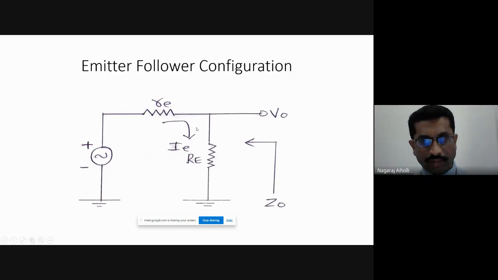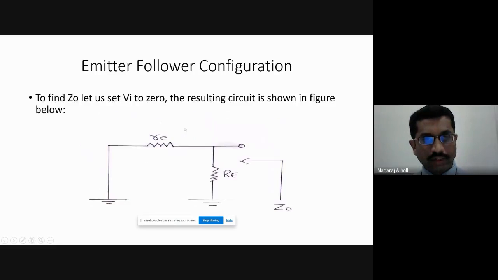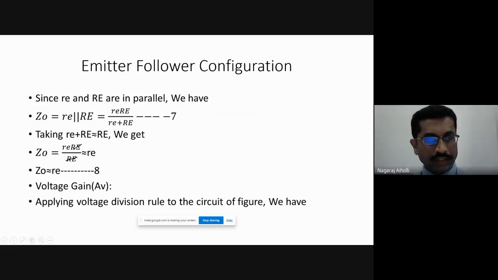We find the output impedance and the voltage gain from this particular circuit. To find the output impedance, we short the active source, that is, make Vi equal to 0. Therefore, the output impedance is small re parallel capital RE. Remember this main equation. Then this is simplified as small re plus capital RE is capital RE only. Therefore, capital RE cancels, and we get Zo equal to small re.